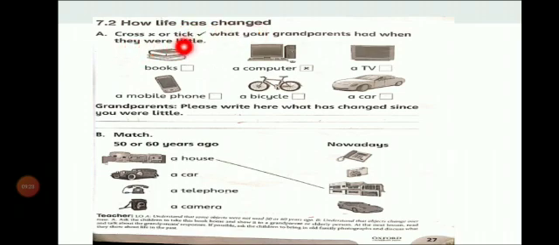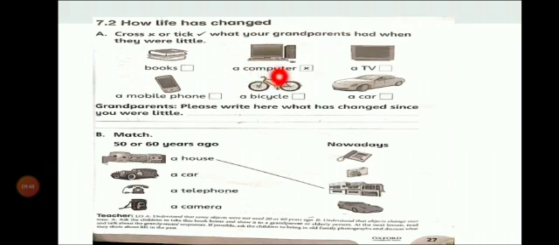Cross or tick what your grandparents had when they were little. Now as we have seen Dada's life when he was little, which things he had when he was a little boy, keep those things in mind, and then you have to put a tick or cross. Look here, they have done one example for you.